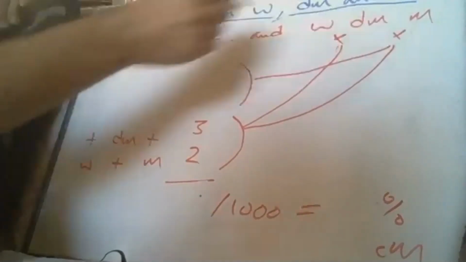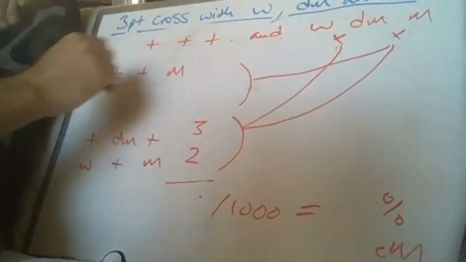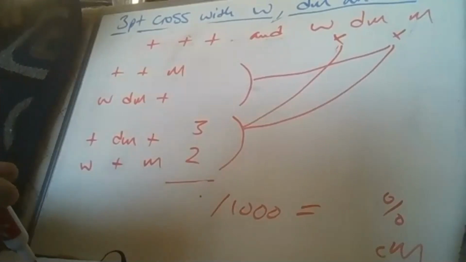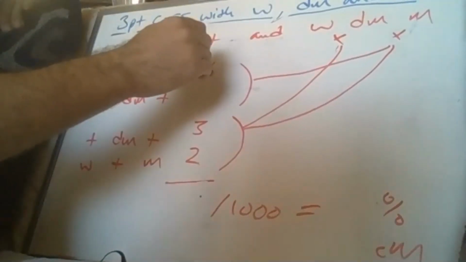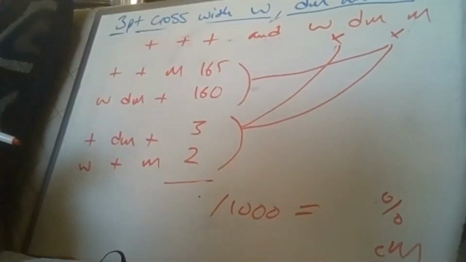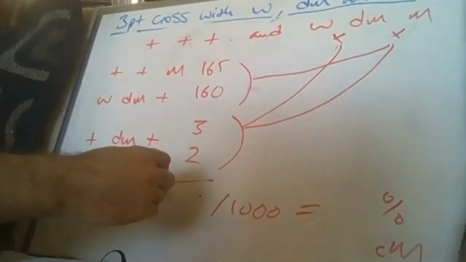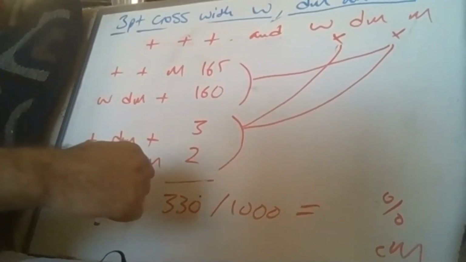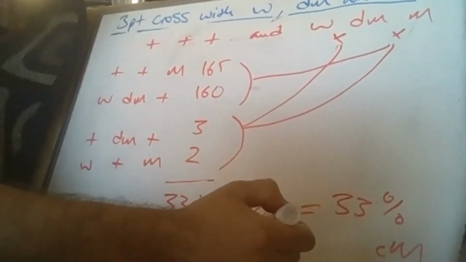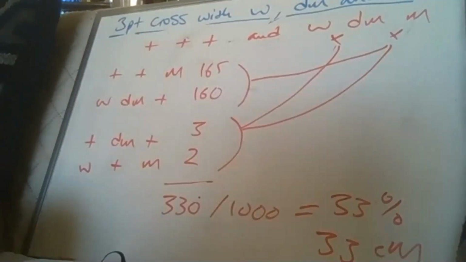Right, so single is going to be plus plus M or WDM plus plus M, that's 165, and the other one is 160. Okay, add all those together, you get 330. That gives you 33%, 33 centimorgans.